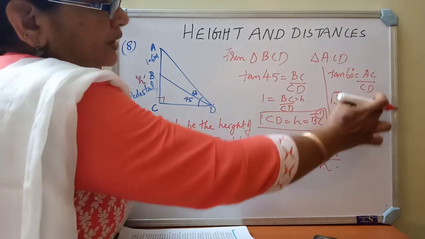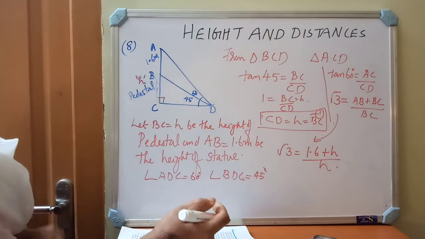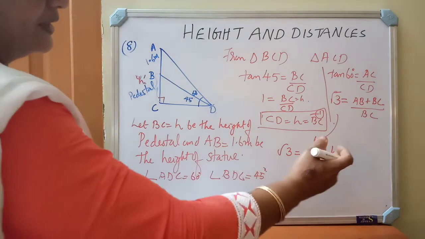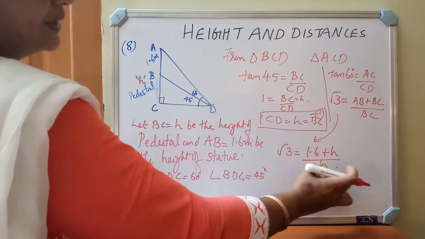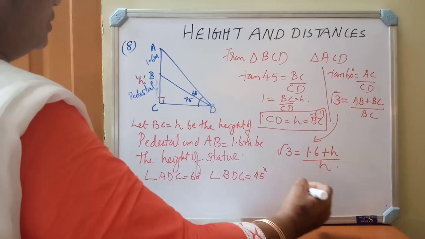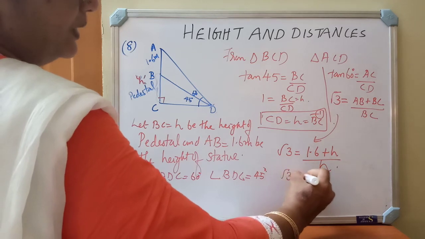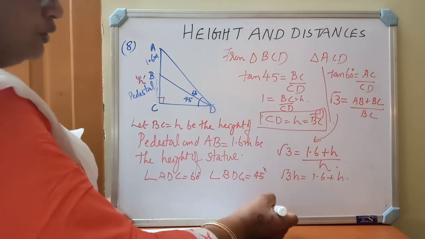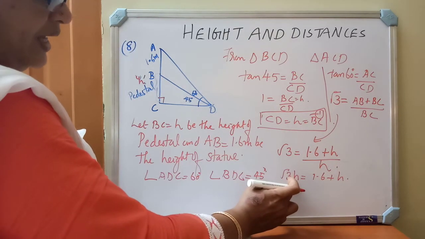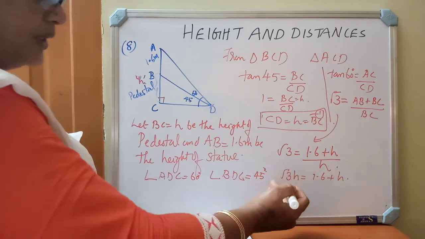So the common terms H, if we consider them, we can calculate the H value very easily. I consider CD as BC and substitute the value of H. So this is equal to root 3 H. Cross multiplication I am doing: root 3 H is equal to 1.6 plus H. Transfer the H to the left side.